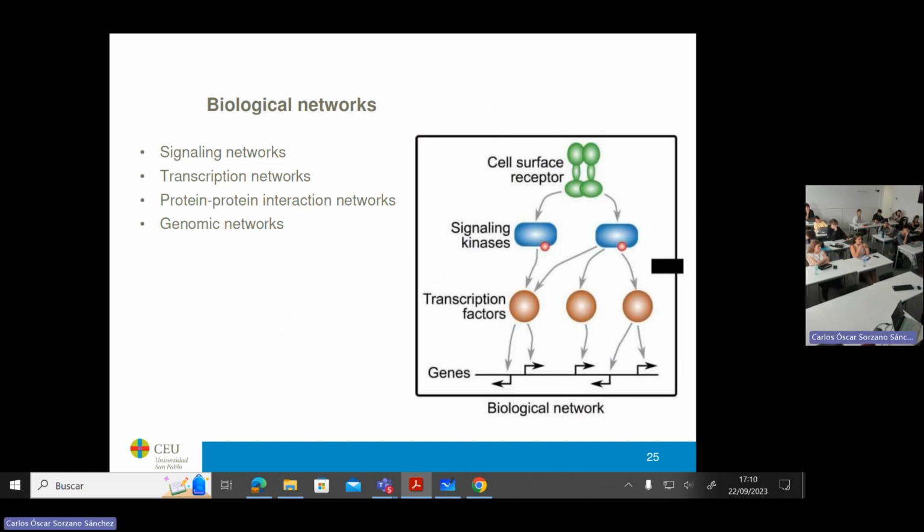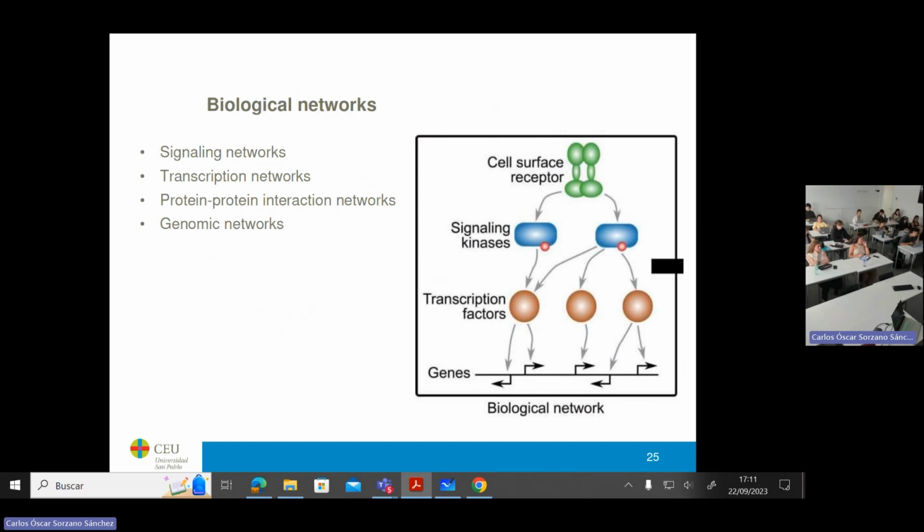Okay, so then we'll move on to a different kind of models, and these models are more used for signaling networks, transcription networks, protein-protein interaction networks, this kind of stuff. So signaling networks are this kind of relationship of structures where you have a receptor in the cell surface, and then something binds on the top, and then this signal is transmitted to the inner part of the cell, and then typically it is through some kinases, and these kinases somehow reach transcription factors that could be other intermediates.